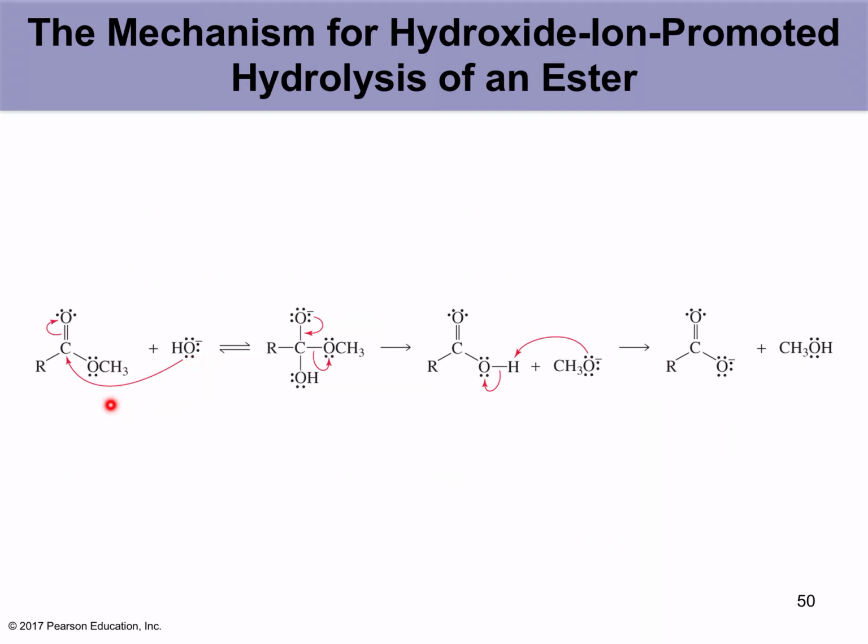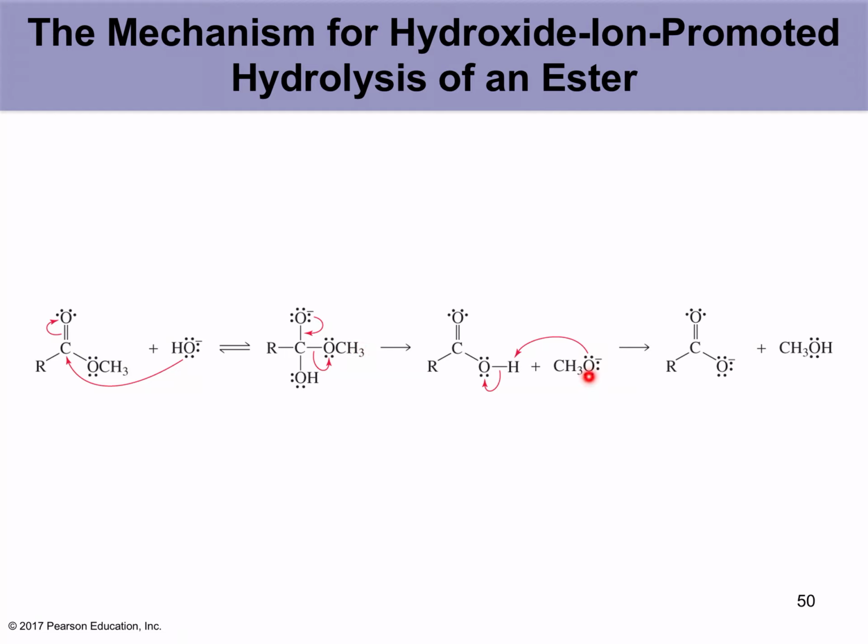So the hydroxide attacks the carbonyl carbon, the carbon-oxygen pi bond breaks, and it forms a tetrahedral intermediate. In the presence of a base, we never protonate this oxygen. There is no acid to protonate. And then the alkoxide ion is stable in basic medium, so it reforms the carbonyl bond and then leaves as methoxide.